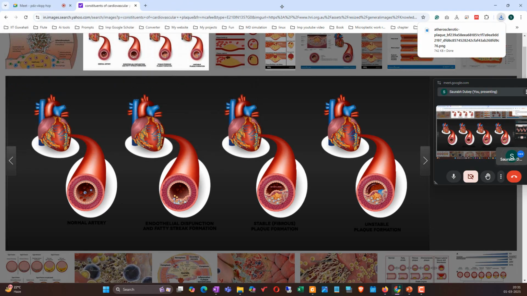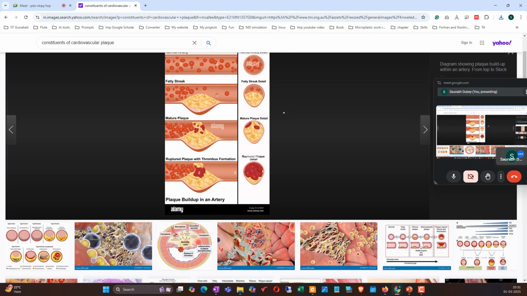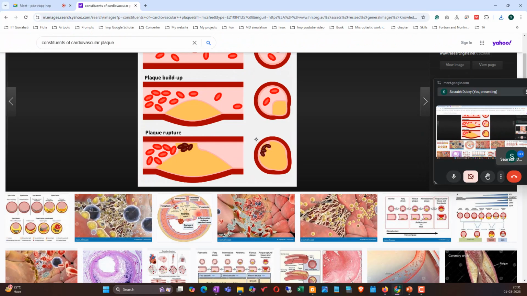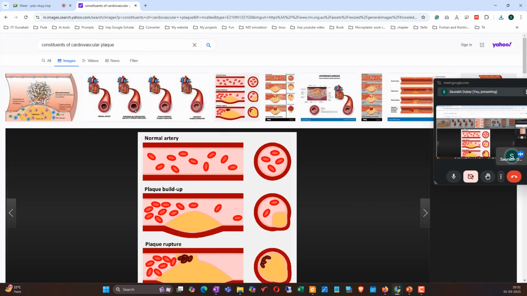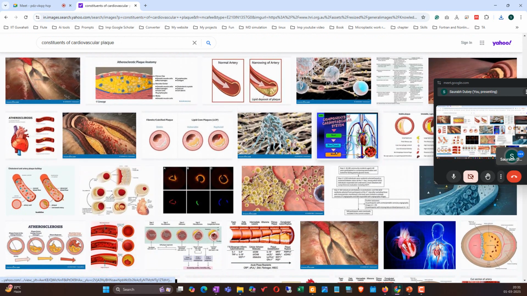There are different images. These are from Wikipedia and Google search. I should happily acknowledge these links where we are going. It's for educational purpose, so we can go through and actually learn something out of that, right?